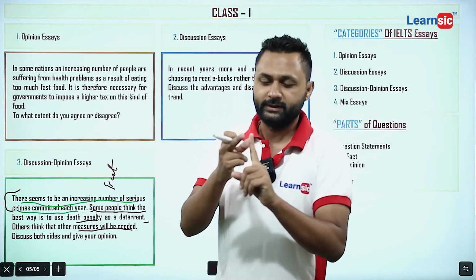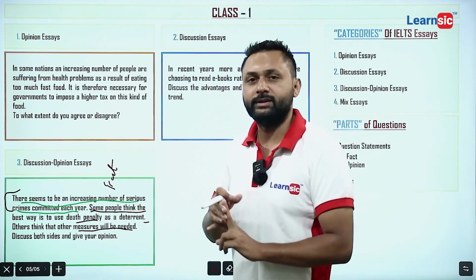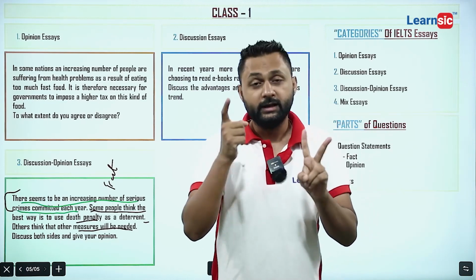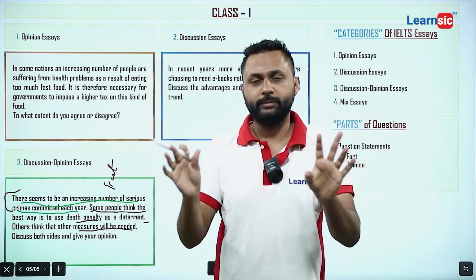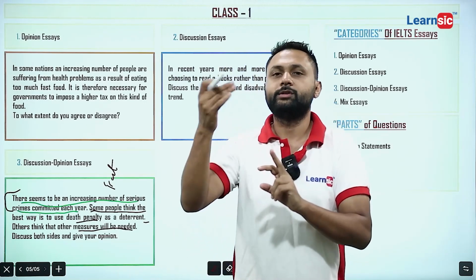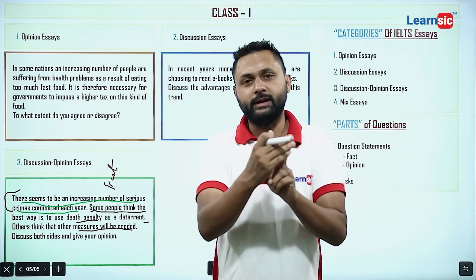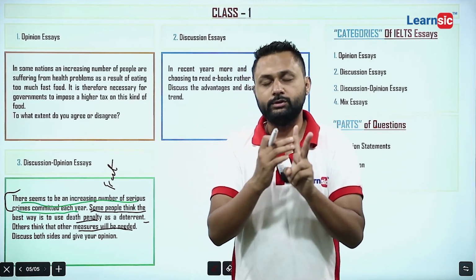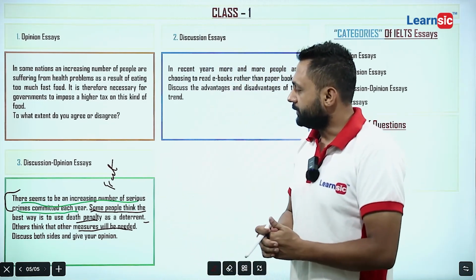So that is the first opinion, and others think that other measures will be needed. So there are two sorts of people here. The first think that the death penalty should be given, and others think that no, it should not be given, other measures should be applied. So you need to discuss both these opinions, and you also need to write which opinion you agree with. Okay, you need to state your position. So this is discussion opinion essays.